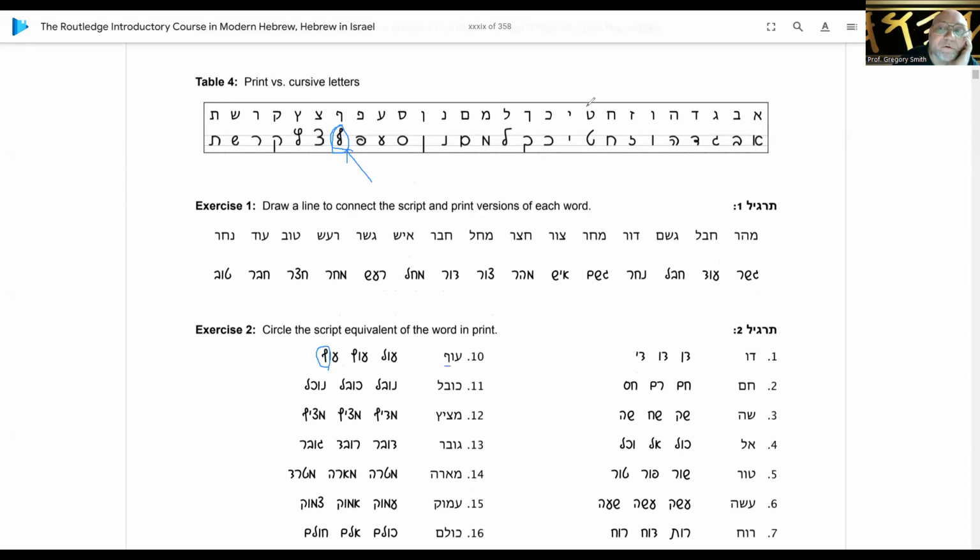So let's just kind of move ahead. You never want to get stuck too much on something. Just move ahead. Okay, so we have, let's see here, Kovel. Could be Kuval.